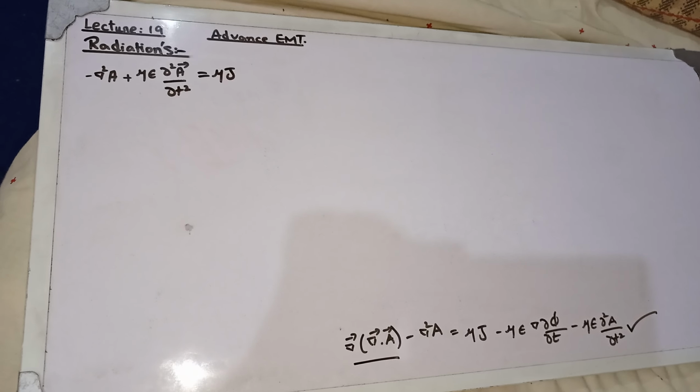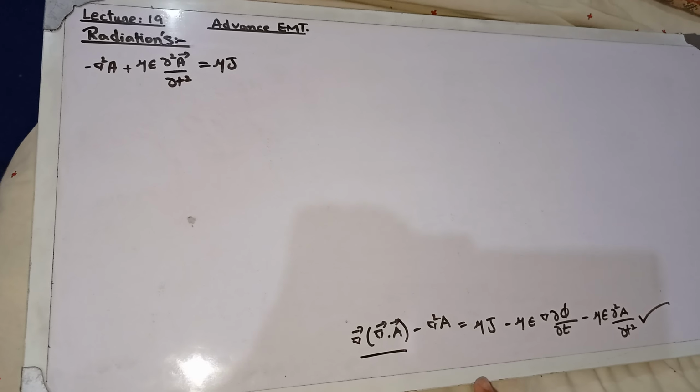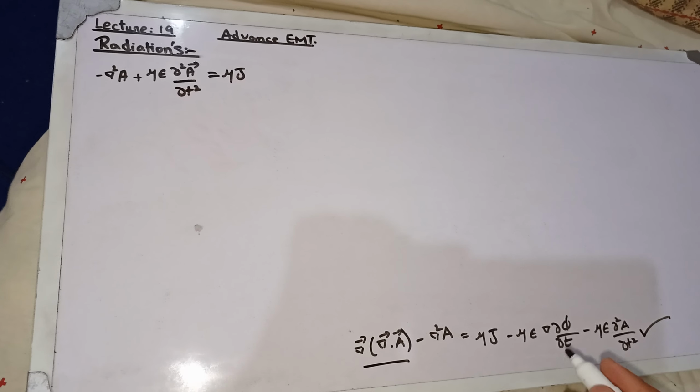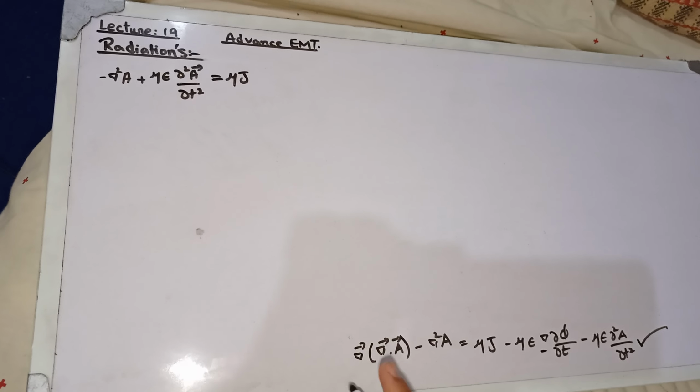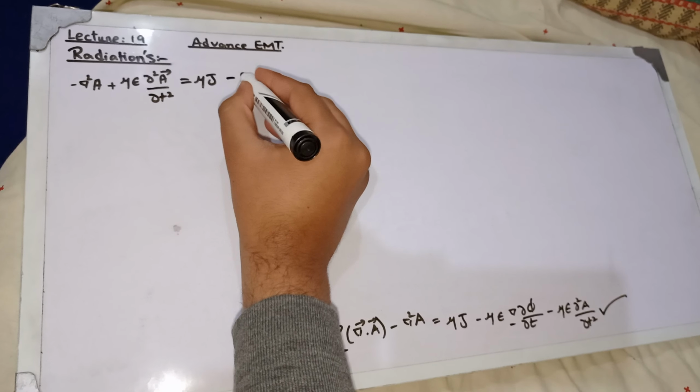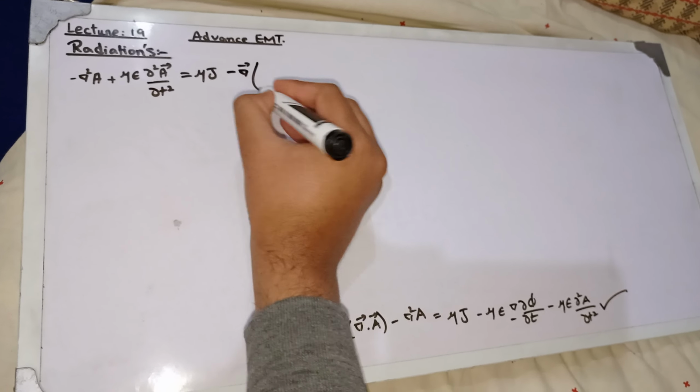Okay, and the other factor, as I told you, you have to take this expression to the other side and take del common. So here is del and here is del, so moving to the other side it becomes minus, so you have to take minus del common.